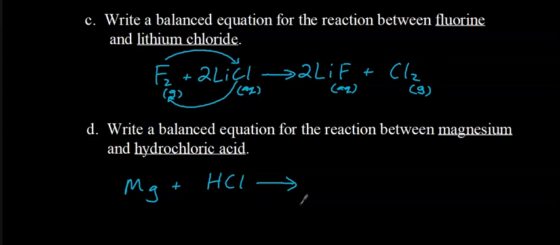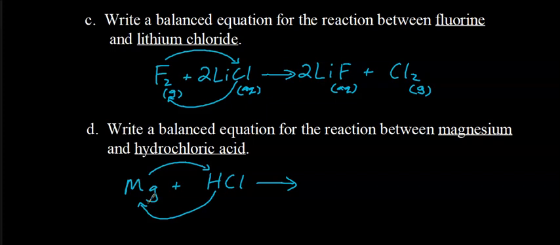All right, here's how it works. In a reaction between a metal and an acid, the metal will replace the hydrogen in the acid. So what do you make? Give the names of the products first, and then we'll write their formulas.